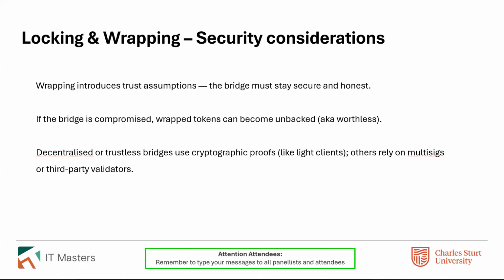If the bridge is compromised, all the wrapped tokens can become unbacked, meaning the assets have been stolen or lost. The code is broken and it can't be fixed, and they can't be recovered. That means the wrapped version instantly goes to zero because you can't trade it back to the original value. The IOU, it's a strange example, is no longer valid.